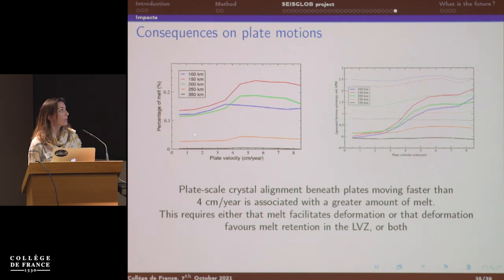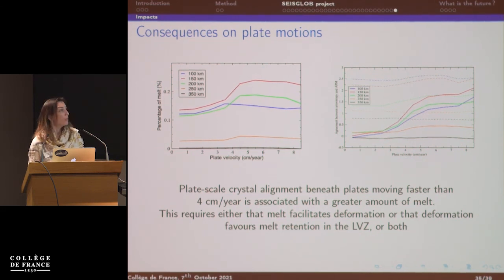You can see, at different depths, that you have a larger percentage of melt for fast-moving plates. This reminds us of another previous observation made by Debayle and Ricard, that you also have a greater crystal alignment for fast-moving plates.